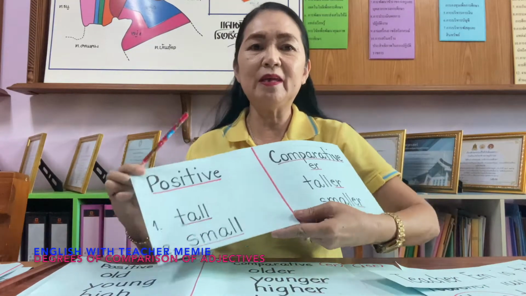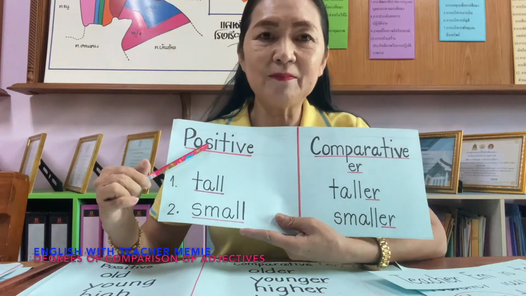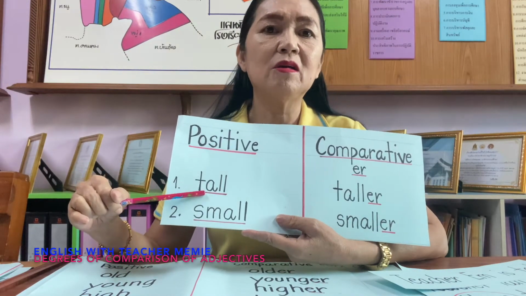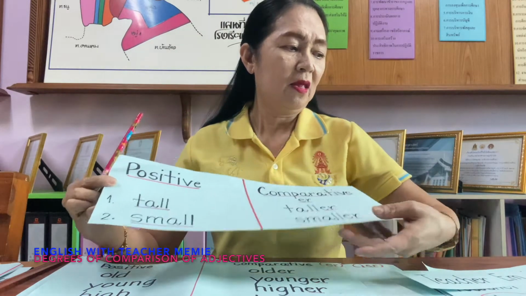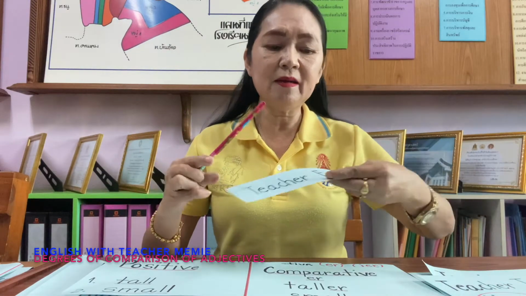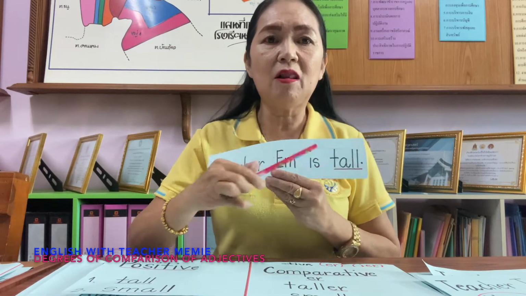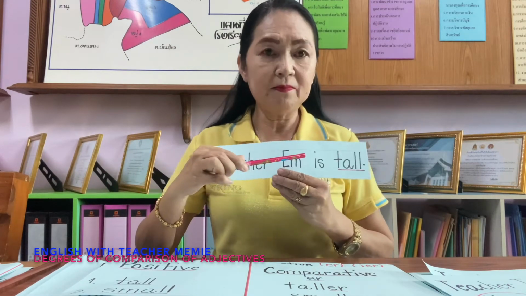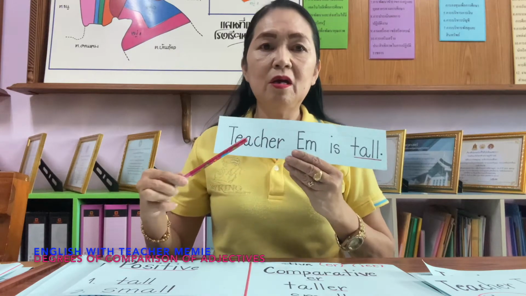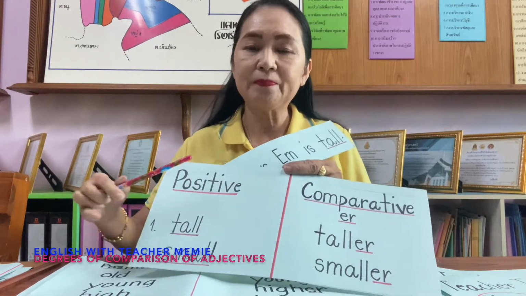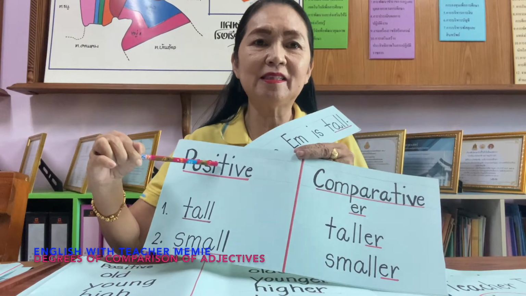Like for example here, positive. An example of an adjective is tall. Teacher M is tall. The word tall is a positive adjective.